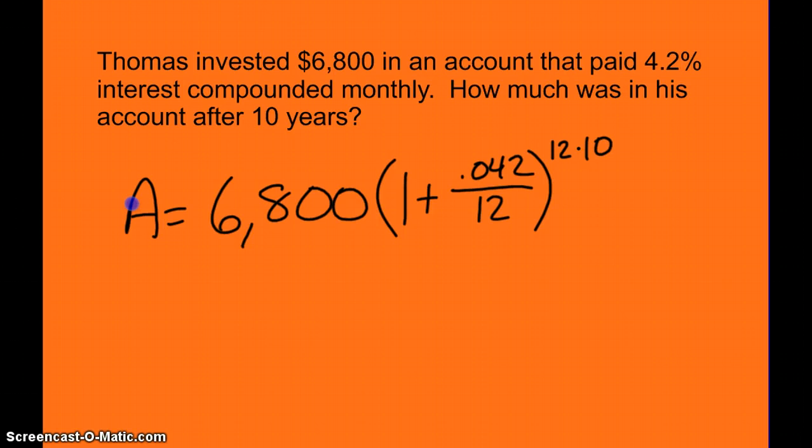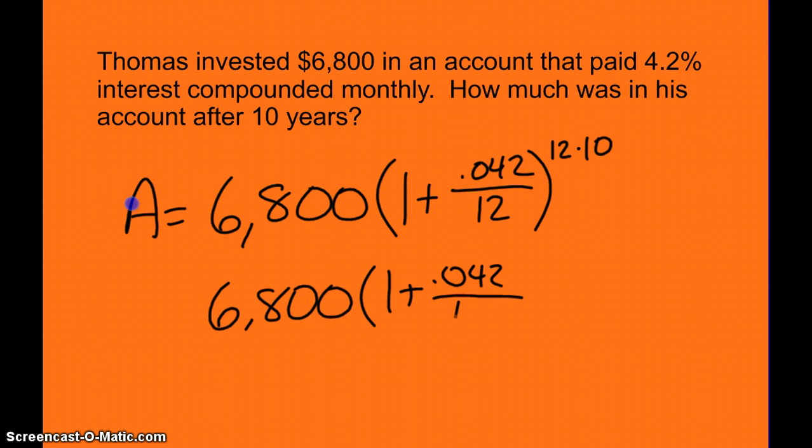Now, this can be plugged directly into your calculator, being careful with one thing. Some of your calculators are more capable than others. I would plug it in almost exactly the way it looks, but I would multiply 12 times 10 first, because you may run into an order of operations issue if you don't do that.